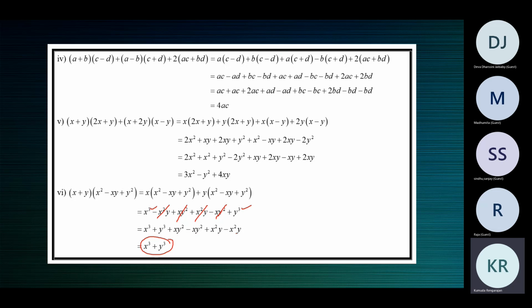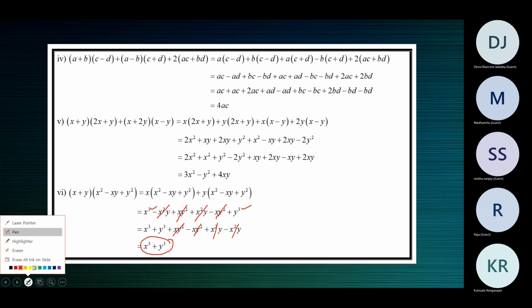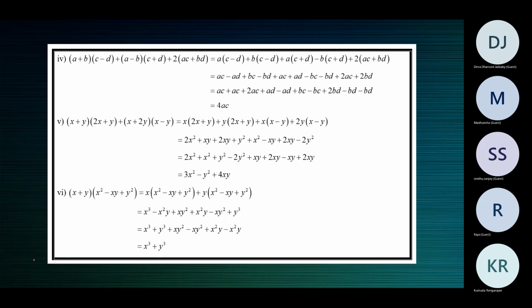Plus xy square minus xy square cancels, so the value is 0. Understood, children? X cube plus y cube. Yes, ma'am.